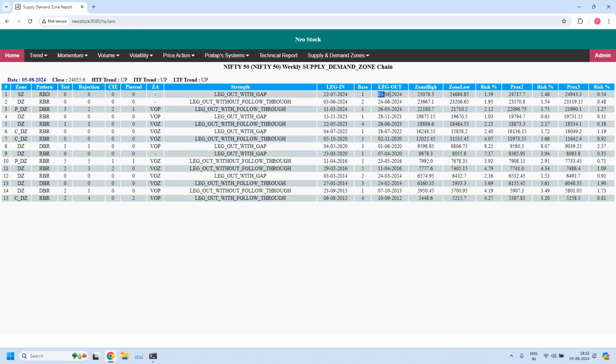Until that time, there are going to be changes taking place in this leg out. This is only for reference purposes. At least in advance we will be aware some zone is getting formed, but whether it is valid or not, only at the week end will we know. But for daily and below time frames it is okay because they are already completed.